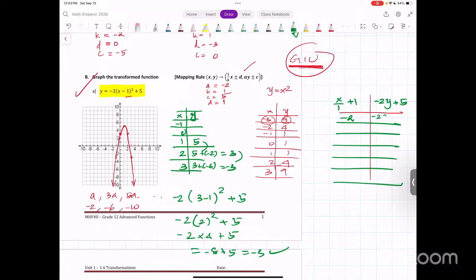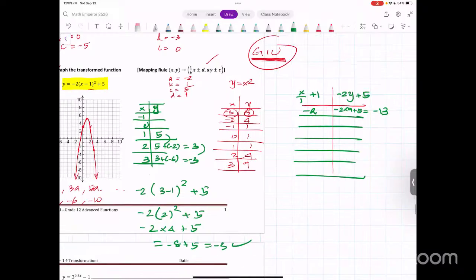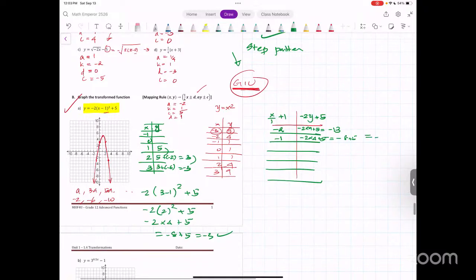So -2 times 9 plus 5 is -13. Let's see what's going to happen if I do -2 plus 1, it's going to be -1. -2 times 4 plus 5 is equal to -8 plus 5, which is -3. We will see what's going on in a moment. I'm going to go to the next one.